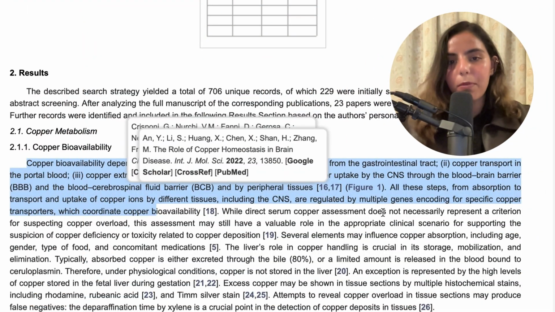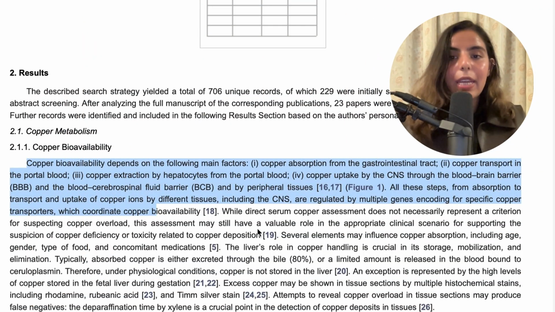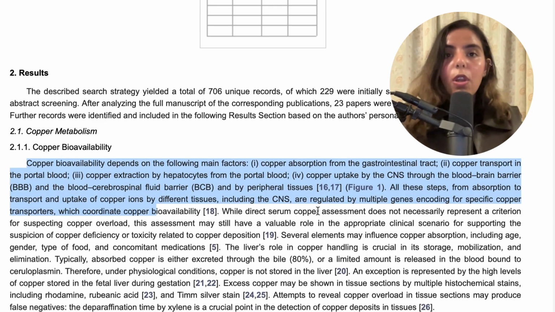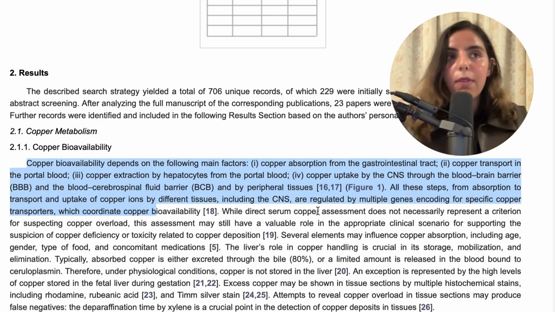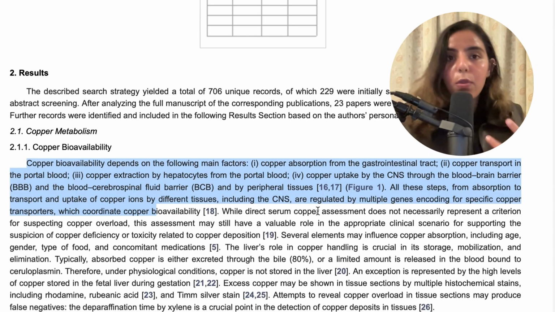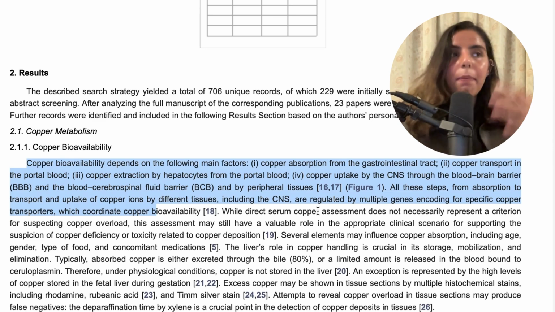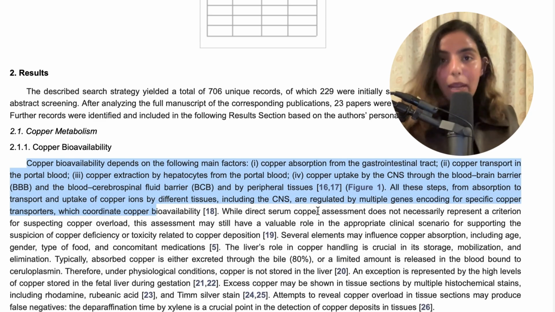Lastly, if we see copper uptake by the CNS through the blood-brain barrier also plays a key role, and the peripheral tissues. So again, we are talking about circulation, your lymph health, and a lot of women really find it hard to sweat. If you are somebody like that, then maybe your lymph nodes are clogged up. If you do not engage in dry brushing, if you do not really sweat at all, if you do not engage in any kind of activity that makes you sweat actively, your lymphs might be clogged up. If you struggle to sweat compared to other women around you, your lymphs might be clogged up.